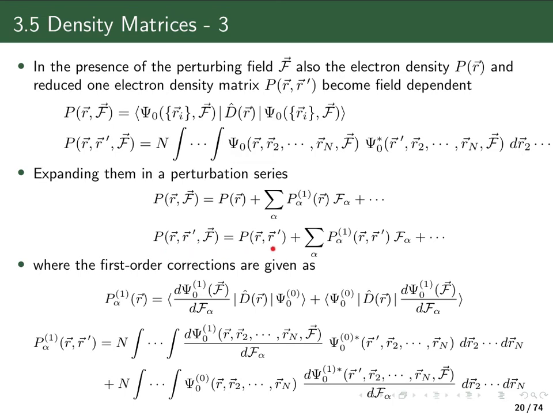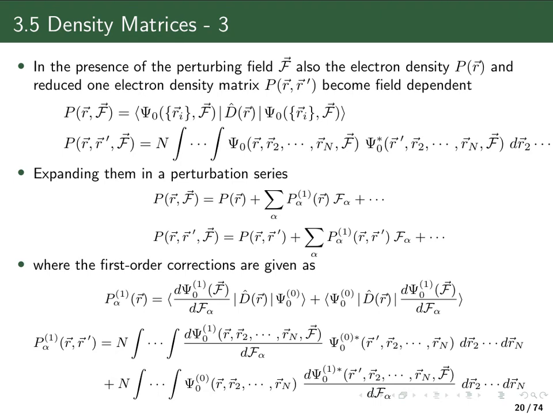And in the same way, I do it for the reduced one electron density matrix up to the first order, and again split it immediately up in the field, and this essentially first derivative of the first order correction to the reduced one electron density matrix.